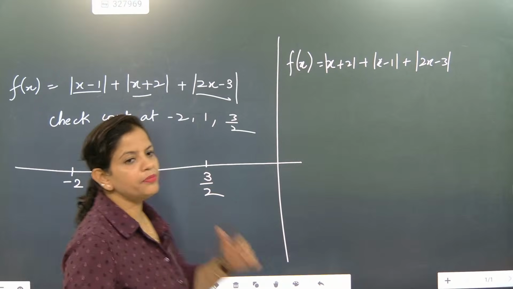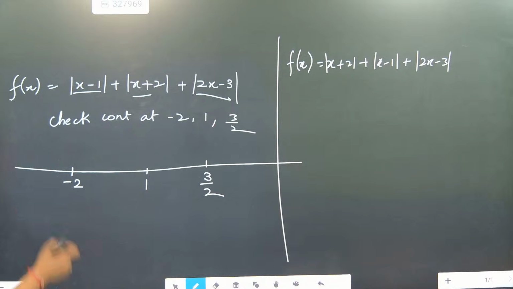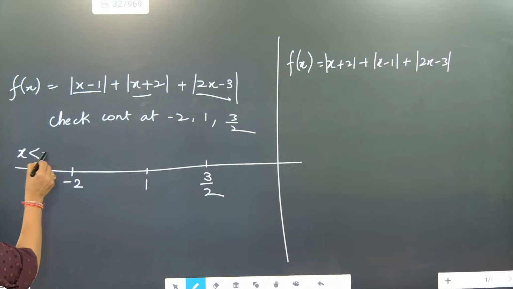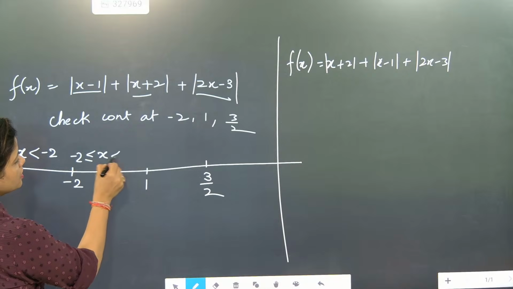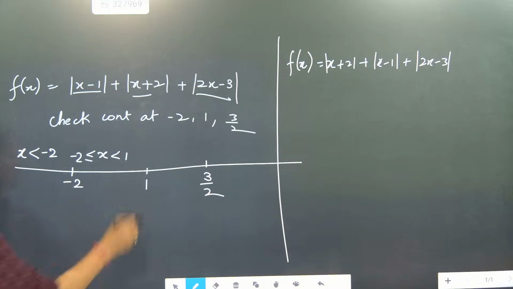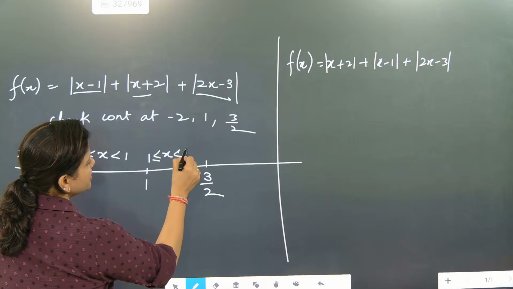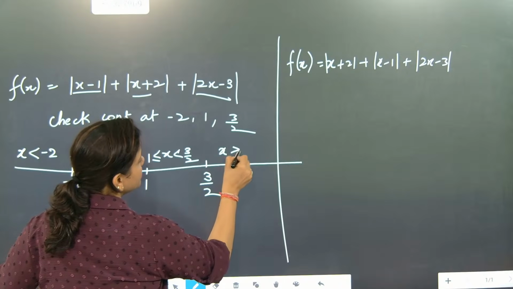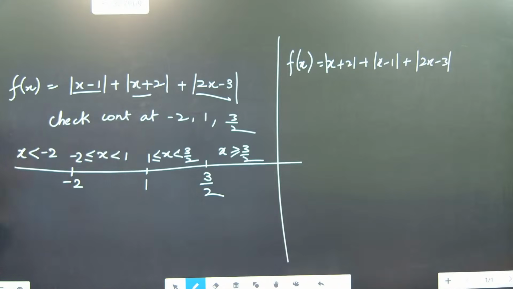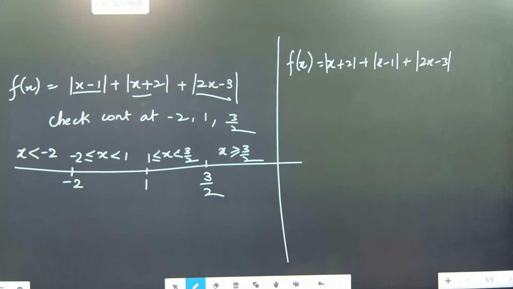So on the number line, whichever is smallest, first you have to place that. Now here you have to take x strictly less than minus 2. Here x should be greater than or equal to minus 2 but less than or equal to 1. Here x should be greater than or equal to 1 but less than 3 by 2. Now x should be greater than or equal to 3 by 2. So this is region division. This is the way to divide the region.